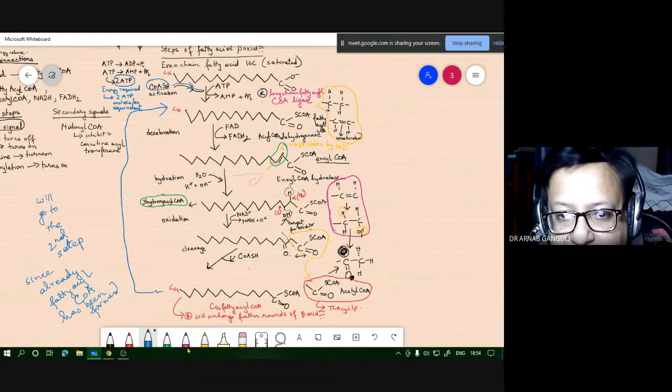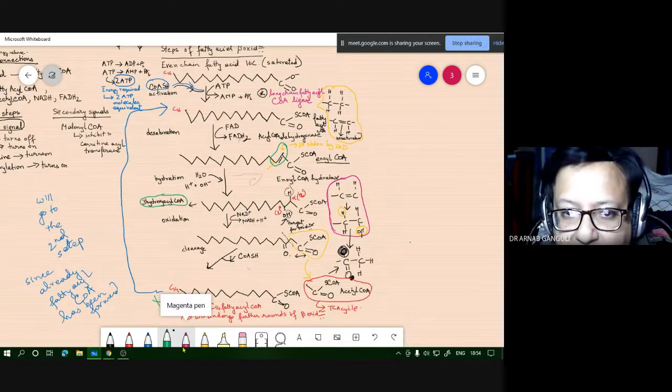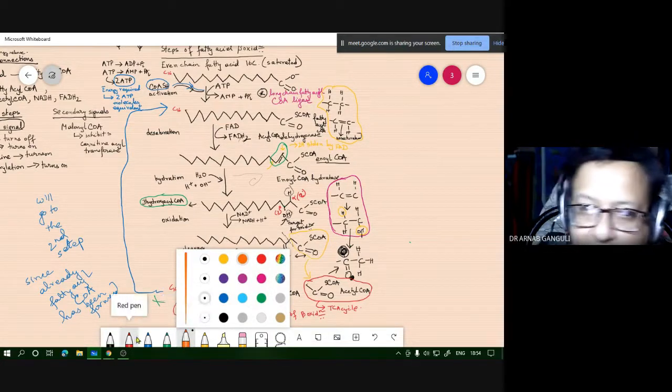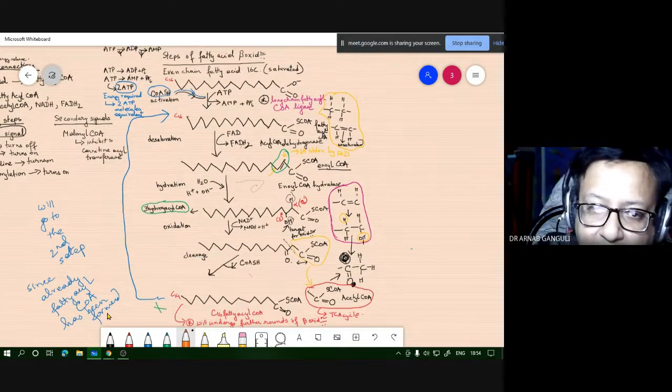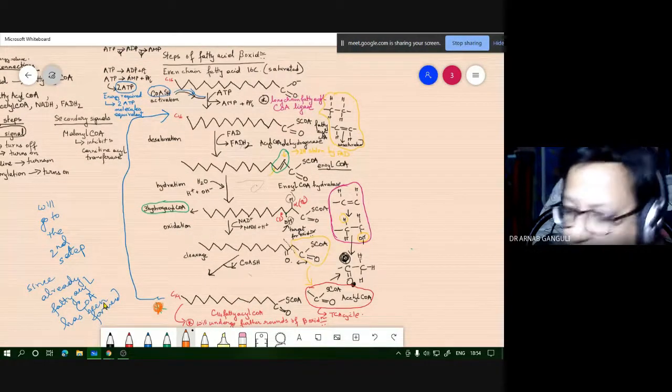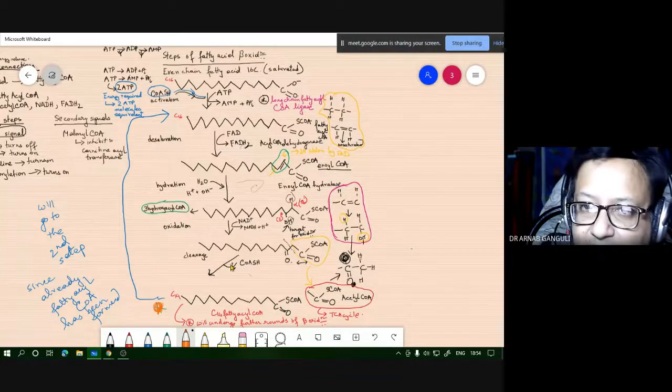This is already fatty acyl CoA. Already fatty acyl CoA has been formed.